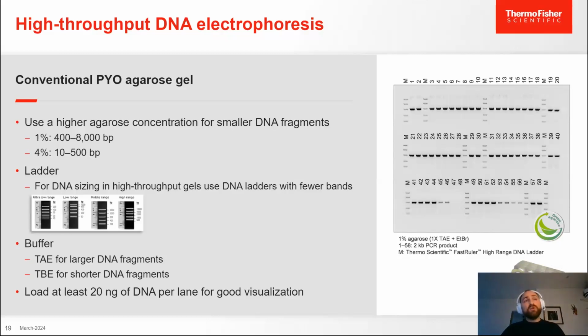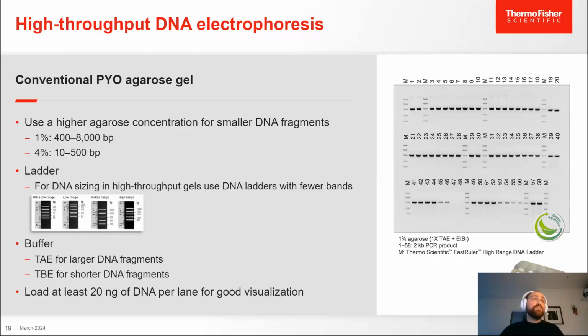There's also consideration of ladders. If you're performing a high throughput electrophoresis run, meaning you have multiple combs and multiple wells very near to each other, so the distance of run is very short, you should also consider selecting the proper ladder that could accommodate that run and separate within that run.